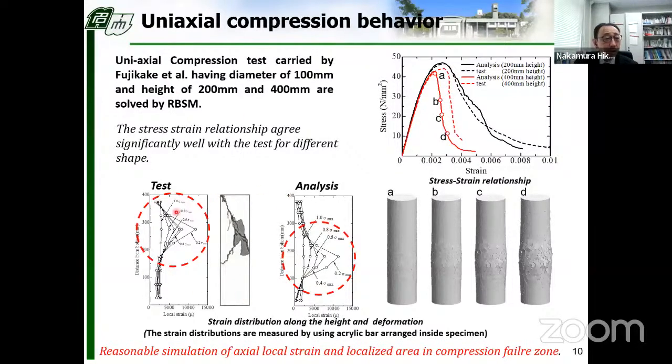This shows the strain distribution along the height, test and analysis, and the deformation from pre-peak to post-peak obtained from the analysis. A reasonable simulation of the localized area and actual local strain distribution and its development can be seen.